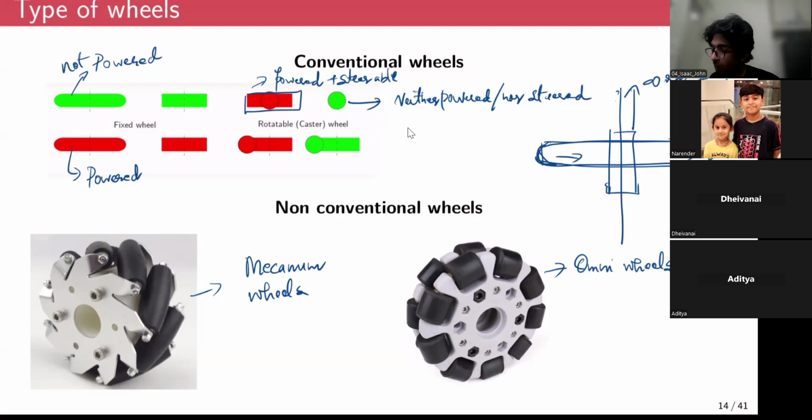The same is true in the case of omni wheels. They have passive rollers that are perpendicular to the axis of the hub of the omni wheel. Due to the presence of these rollers, the omni wheel can rotate like a conventional wheel about its own axis, but at the same time it can also traverse laterally, side to side.